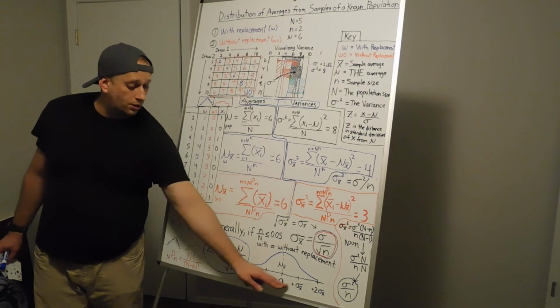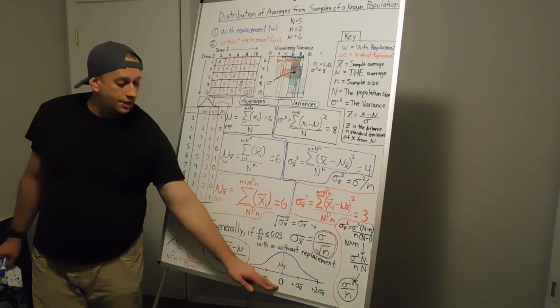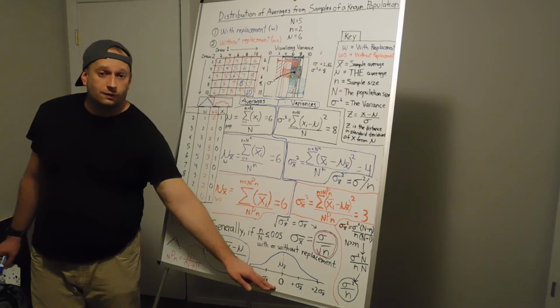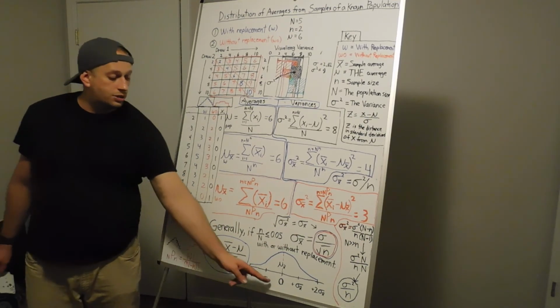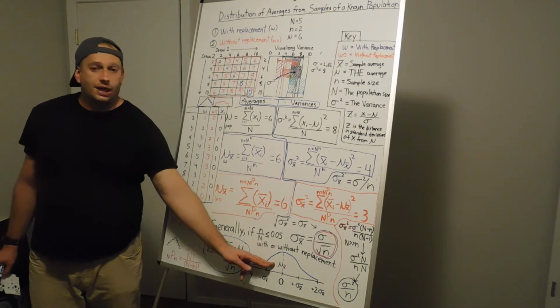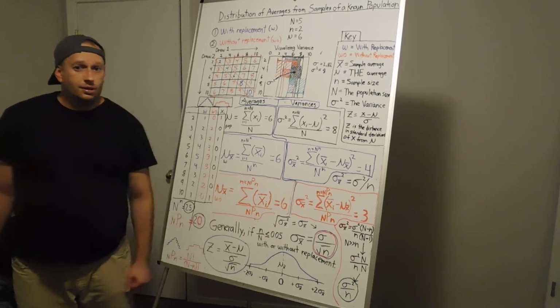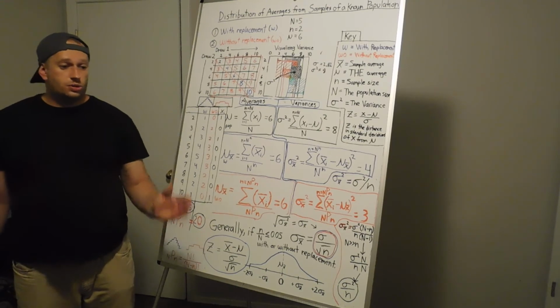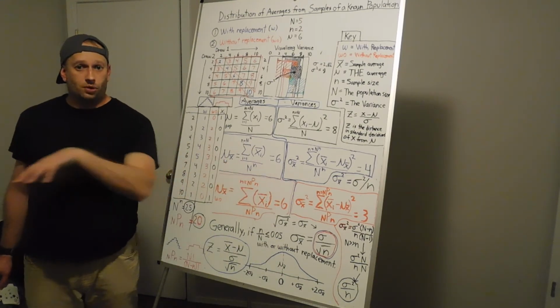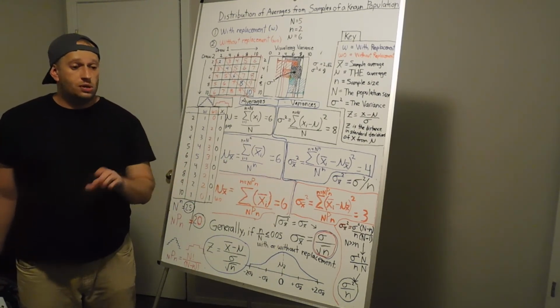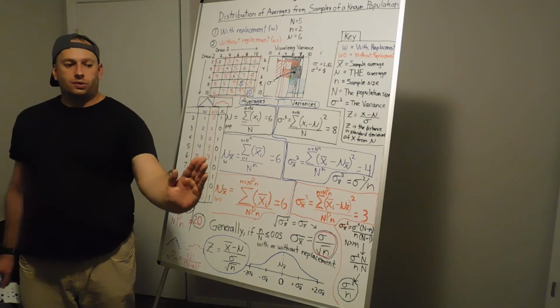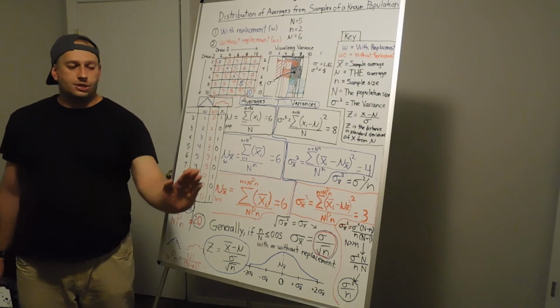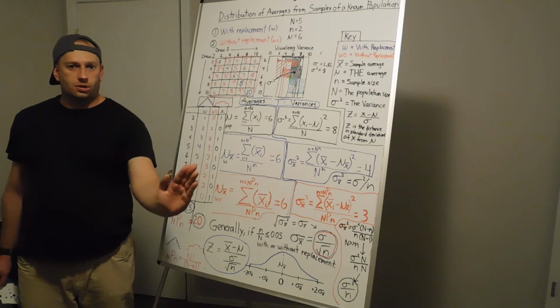It's going to get smaller. So you're going to get a narrower confidence interval. It's going to be much closer to the value of the average if this is normally distributed. And you can see that the more that those other people pull of a sample from the whole population that you already know about, the smaller their interval is going to be from the actual average. They're going to be closer and closer.